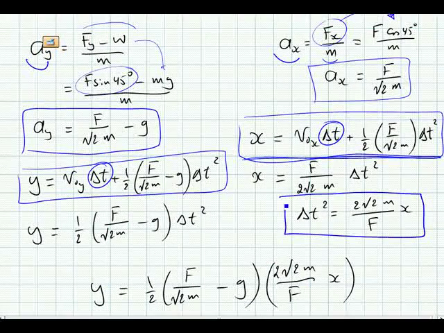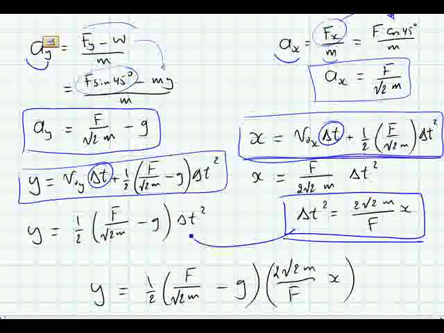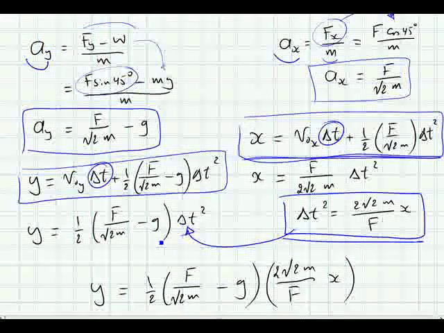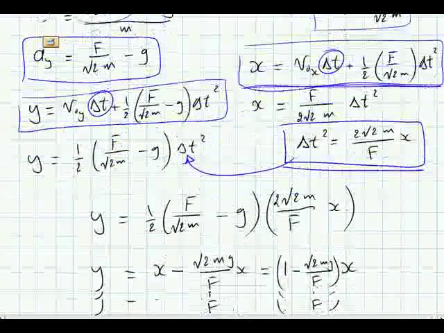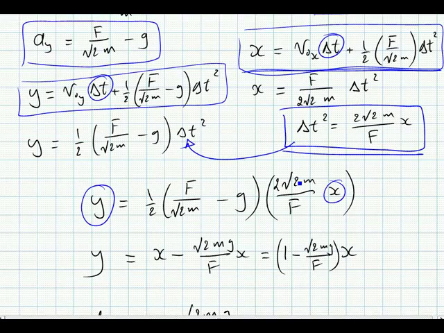So this is our expression for delta t in terms of x, which you can now go ahead and substitute in this equation to end up with an expression for y in terms of x.